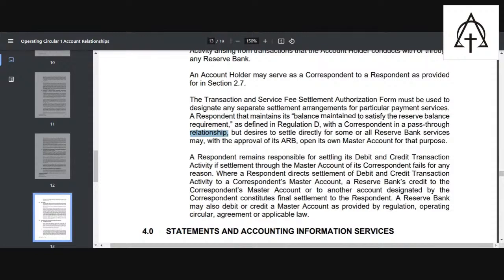But desires to settle directly. There's that term directly again, for directions and directives. You're supposed to act as the director, giving directions. For some or all reserve bank services, it may, with the approval of its ARB, open its own master account for that purpose.